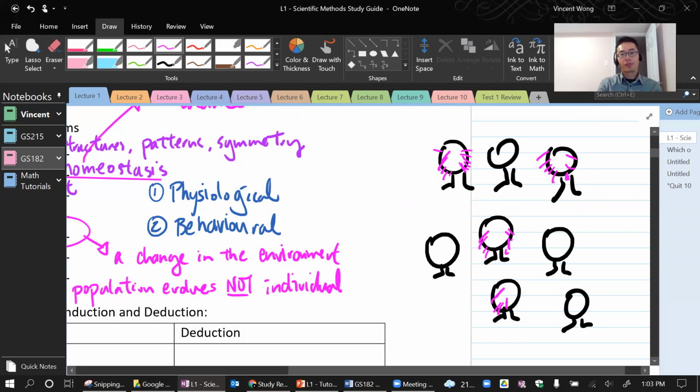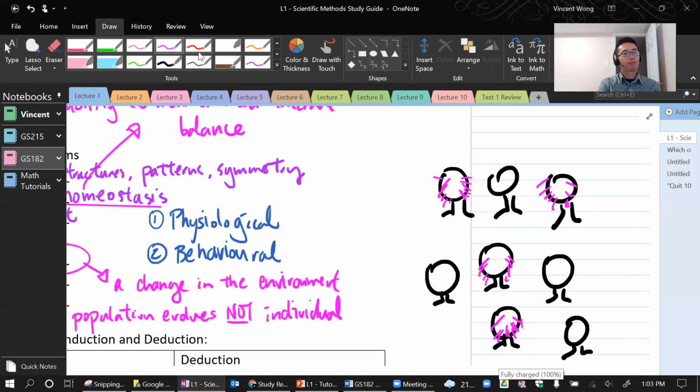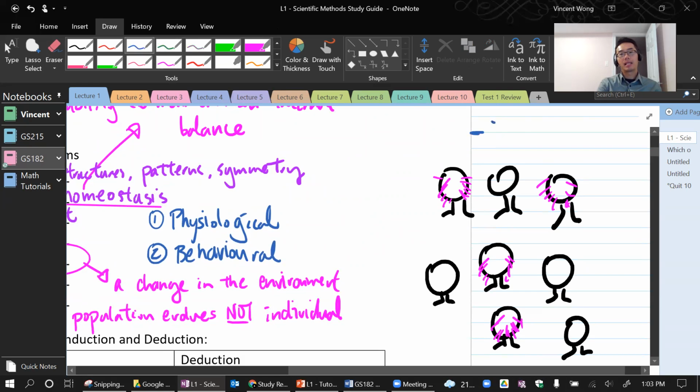And this fur is a genetic trait, something that can be passed on to the next generation. And let's say all of a sudden, one day, the temperature becomes very, very cold. Minus 70 degrees. Let's say there is an ice age coming or something.